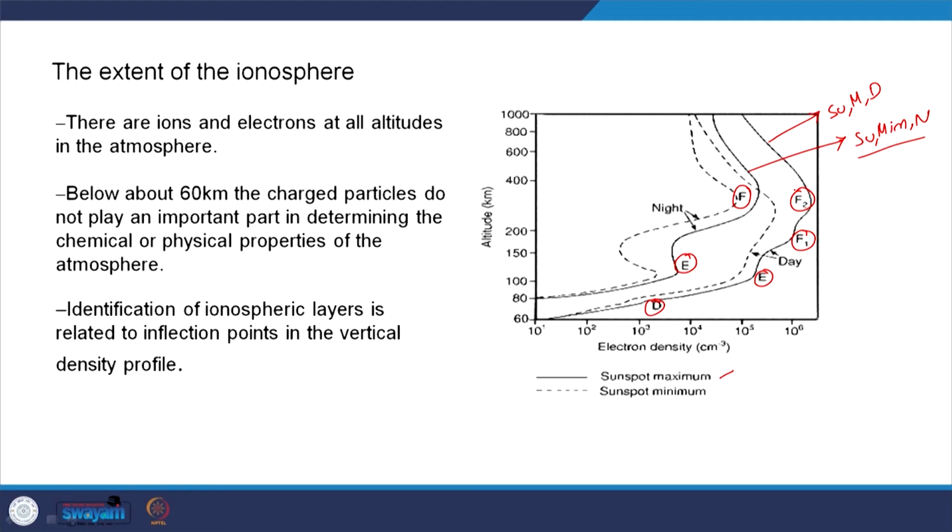So this is the day night variation, and if you talk about the solar cycle variation, we have already seen what a solar cycle is and how it changes so many things. Solar cycle maxima is the time when you expect more energy from the sun, and as a result during the solar maxima the degree of ionization is also large, as you see here, right. So this is the main aspect of the ionosphere.